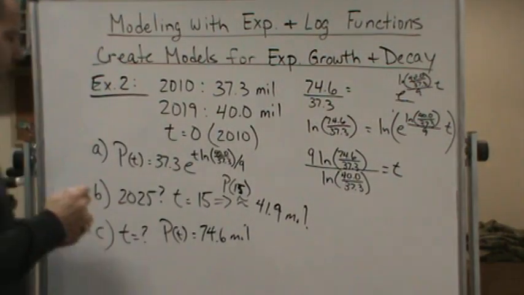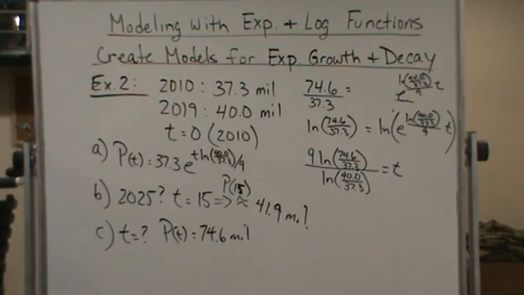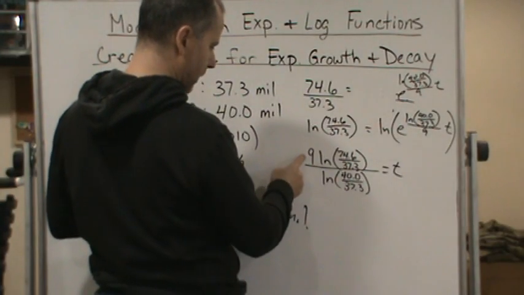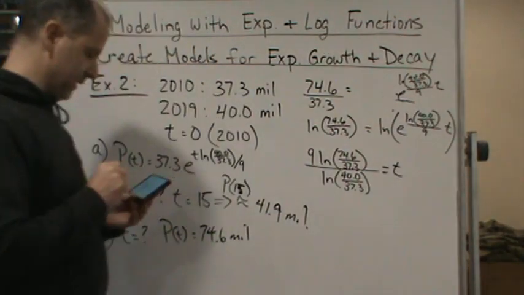Now all I have to do is put this in the calculator. Be careful how you put this in the calculator. It's easy to make a mistake if you're not careful. I'm going to do this natural log, multiply by 9, and then divide by this natural log.